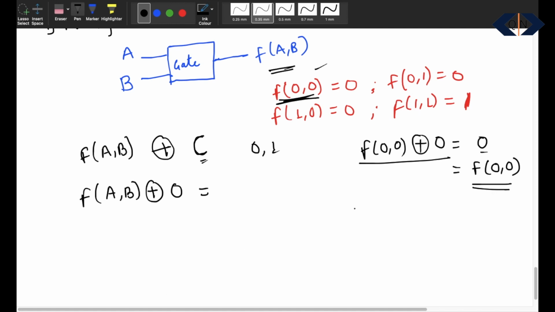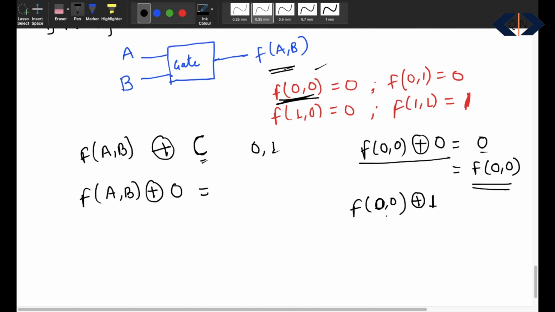Now let's look at the other example. Let's take the same example, suppose F(0,0) XOR 1. What will be its effect?